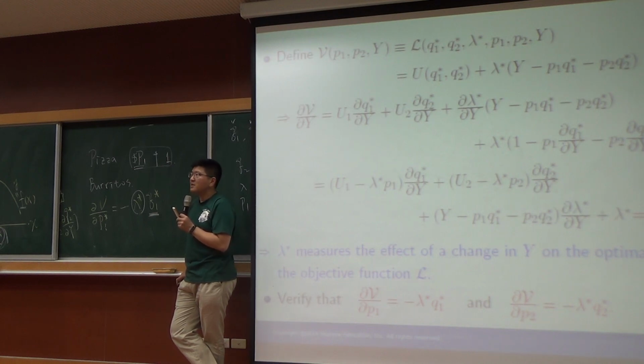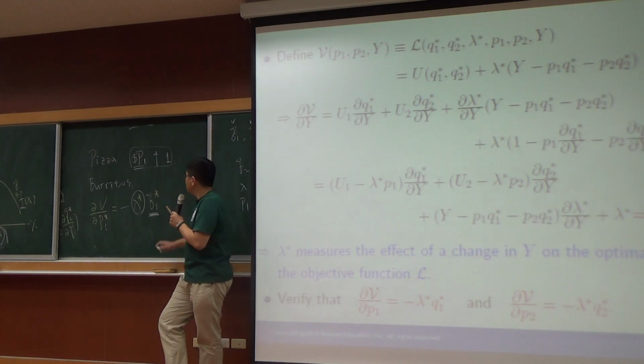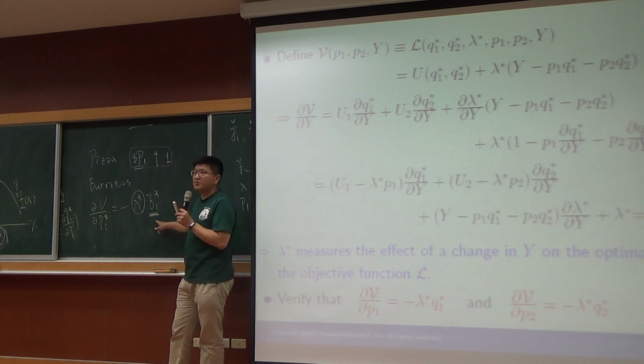So if you are a heavy lover of pizza, you eat pizza a lot per month, which means Q1 is large, right?